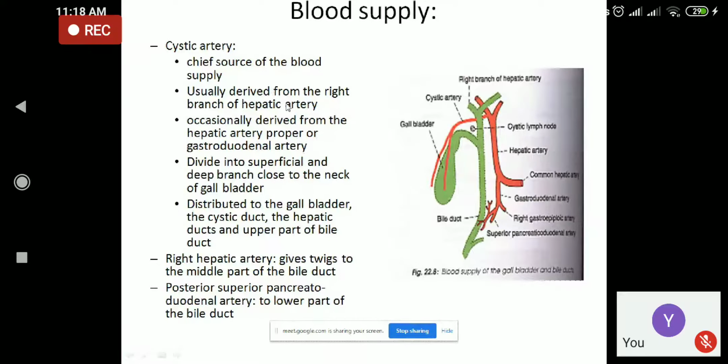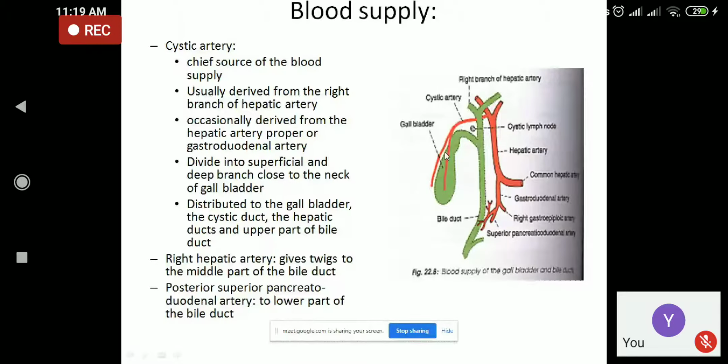It is usually derived from the right branch of the hepatic artery. Occasionally it is derived from the hepatic artery proper and the gastroduodenal artery. Sometimes it appears from the gastroduodenal and hepatic artery proper.